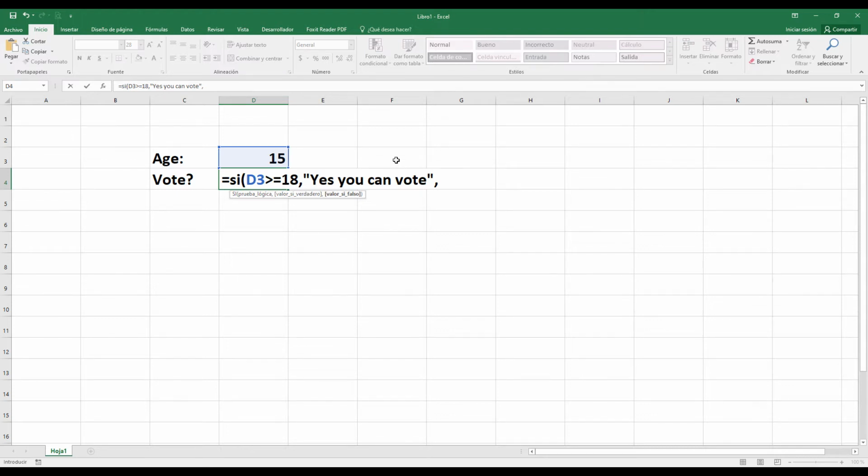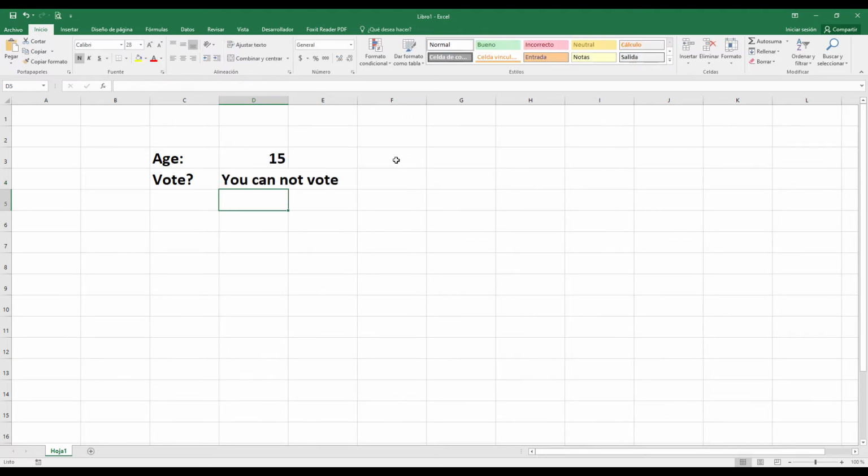What happens if you don't have the enough age? You cannot vote. So if you are 15, you cannot vote. 18, yes, you can vote.